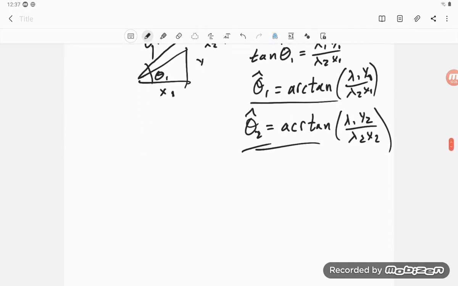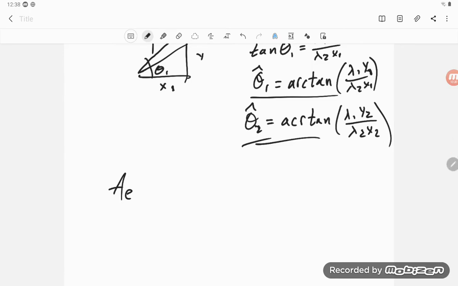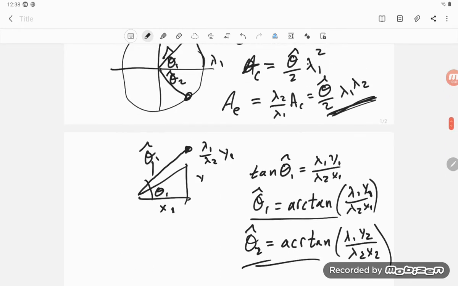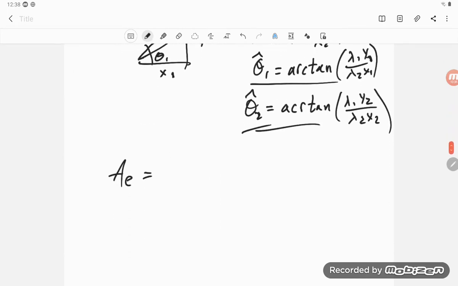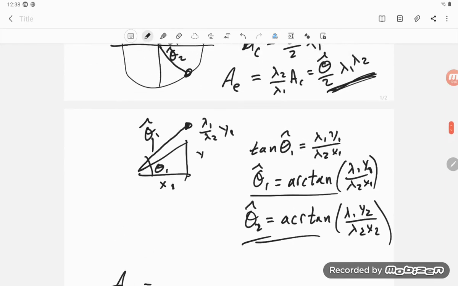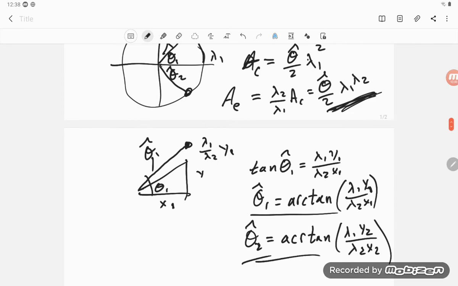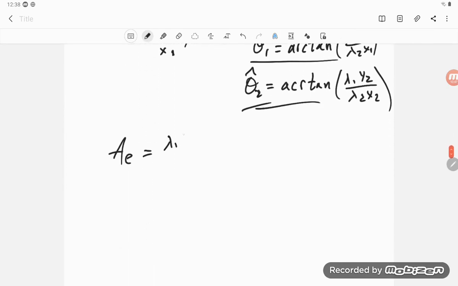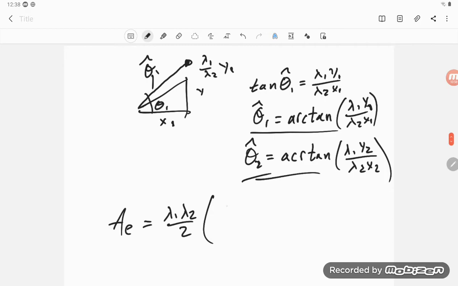So putting it all together, the area of that sector of the ellipse is, let me go here, lambda 1 lambda 2 over 2, and then times my arctan of lambda 1 y1 over lambda 2 x1, minus the arctan of lambda 1 y2 over lambda 2 x2.